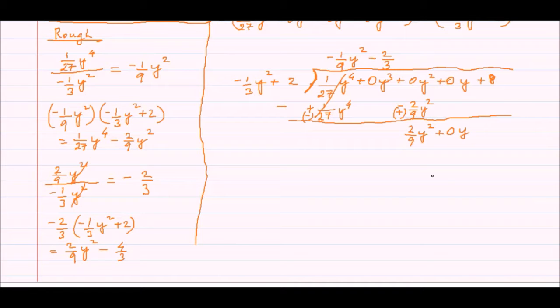So this will be our second line over here. So 2 by 9 y square comes over here beneath 2 by 9 y square.